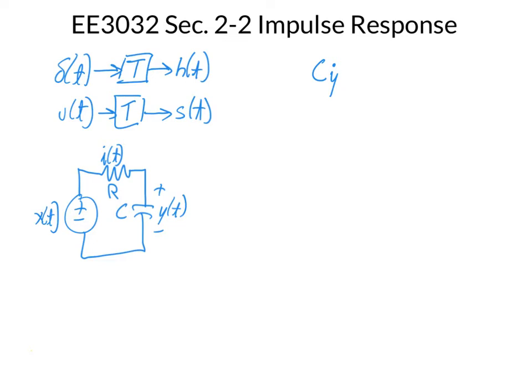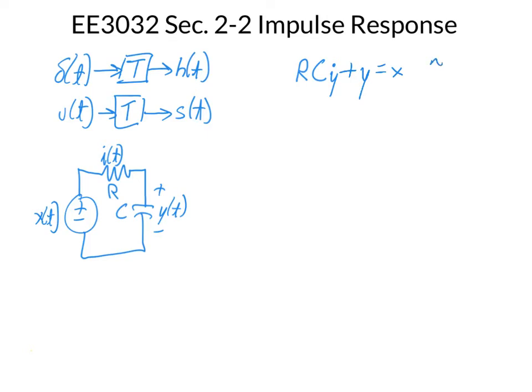And if we multiply that current, which is going through this loop, by R, now we have the voltage drop across the resistor. If we add the voltage drop across the resistor to the voltage drop across the capacitor, we have the driving voltage x. So there is the differential equation that describes what's happening in this circuit.